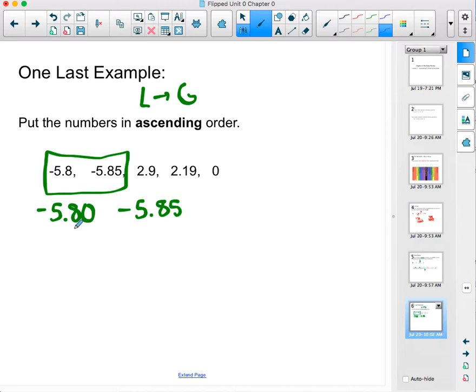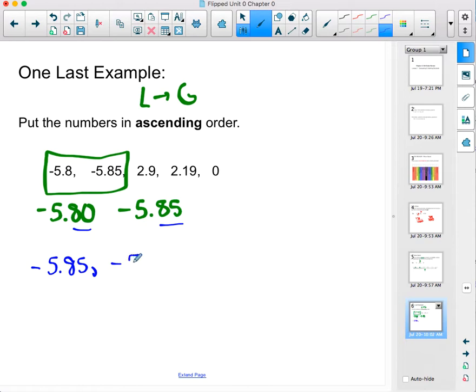So what looks bigger, an 80 or an 85? An 85 looks bigger. That means it's going to be plotted farther down the number line. That means that is my smaller number. That takes some practice, practice getting used to that. So that's my smaller number.